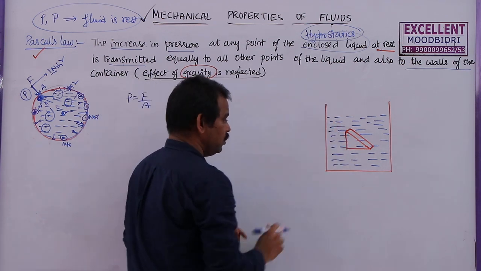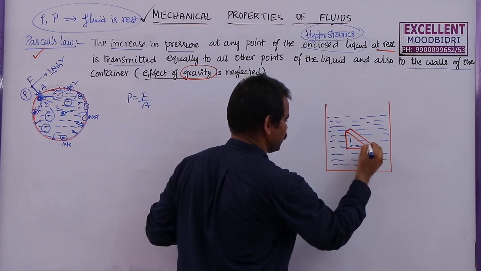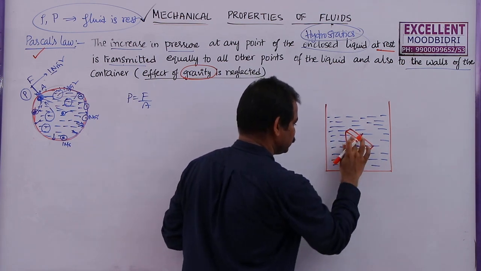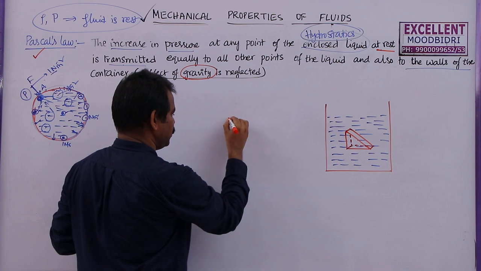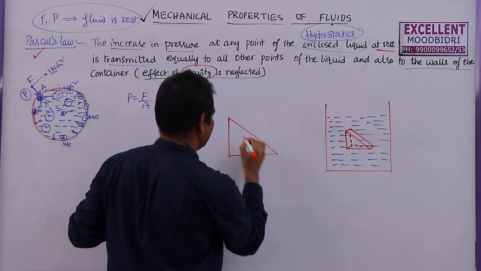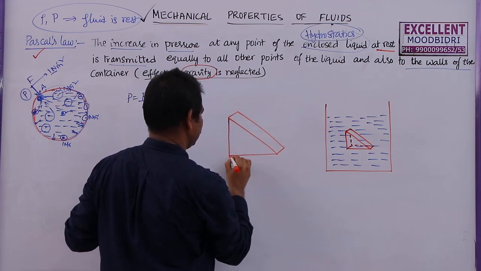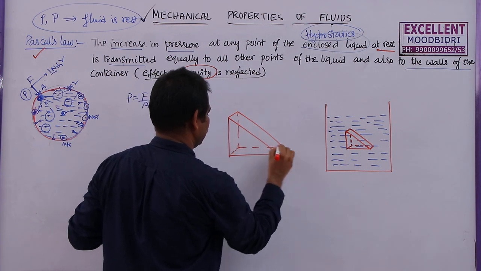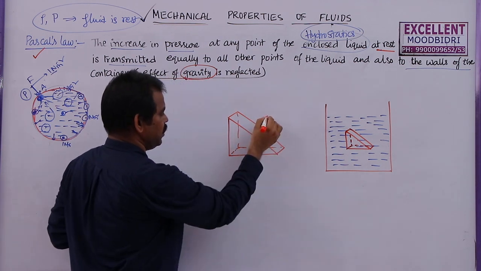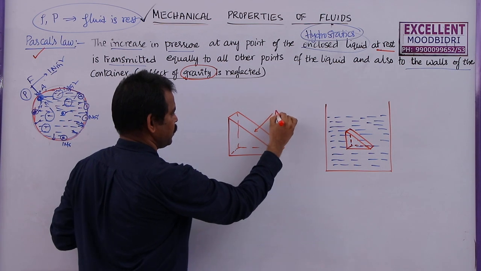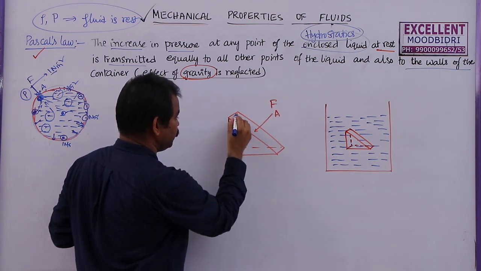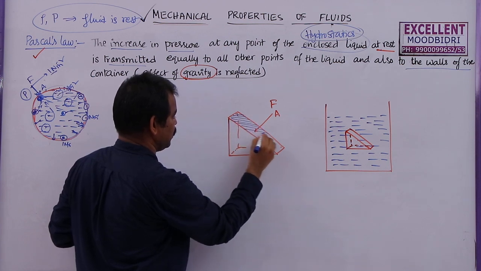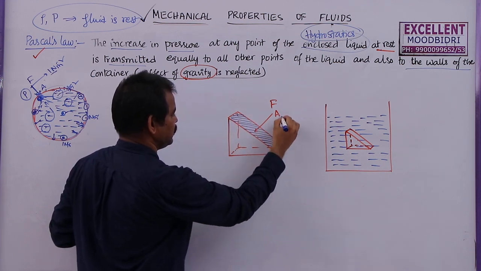Now the same triangular prism I am redrawing here, a bigger one. If the area of this face is A and the force acting is F, I am going to write this face area as AA.